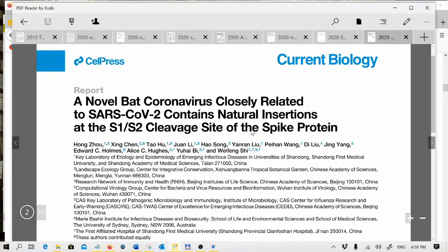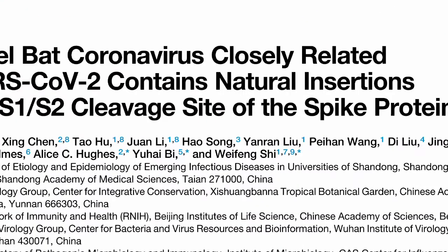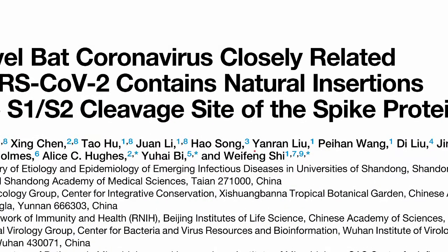However, if we look at this paper, where this novel bat coronavirus was described, first of all, the paper is coming from the Wuhan lab, from this famous lady director of this institute.